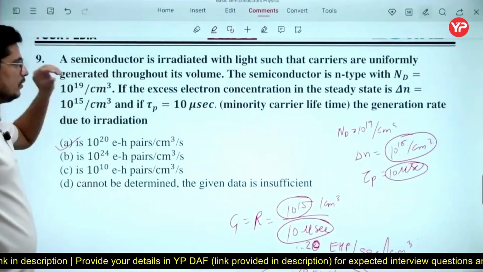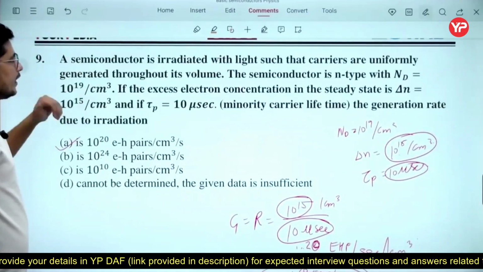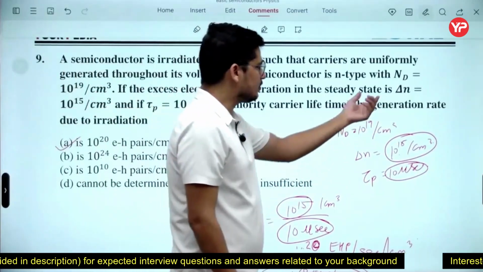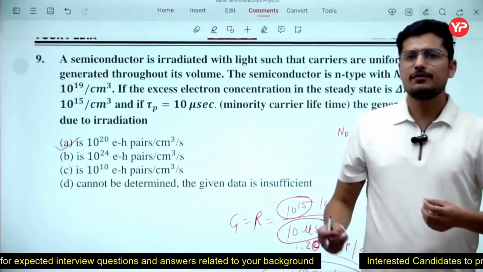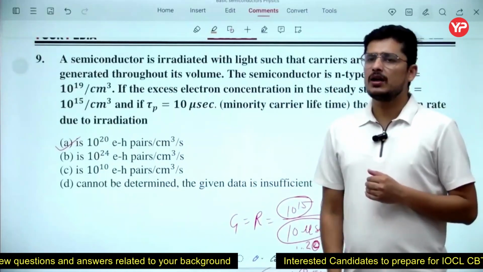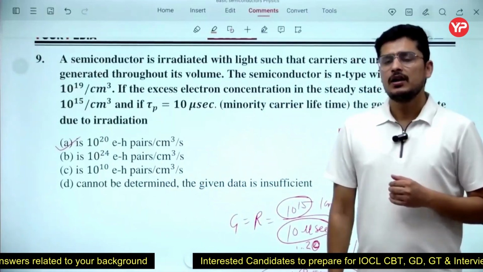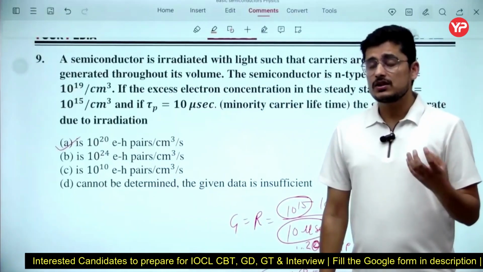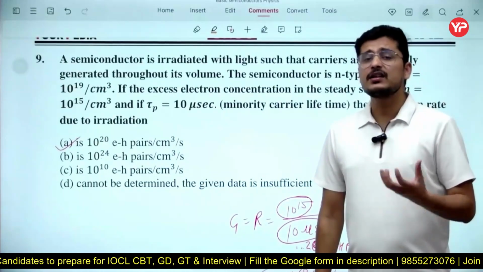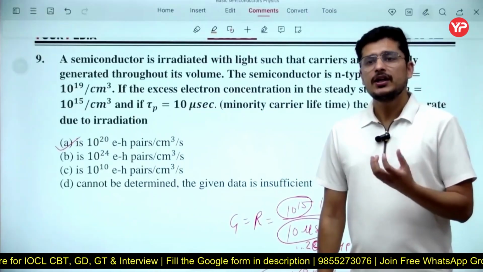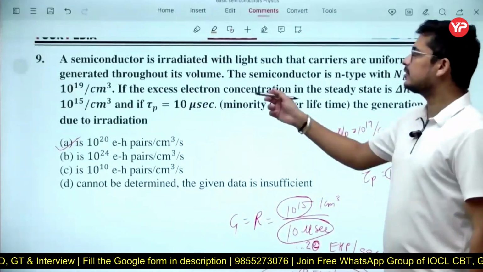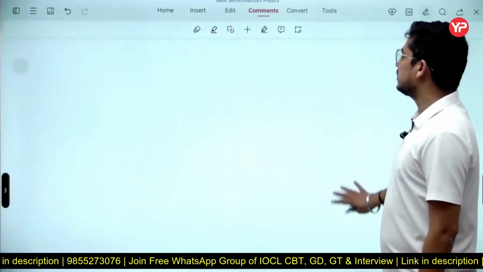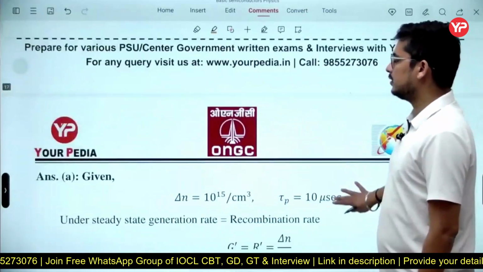If that much amount of excess electrons is available and one electron takes 10 microseconds to recombine, then the electrons generated per second will be 10 raised to power 20. Then only these 10 raised to power 15 electrons can survive, if the generation rate is 10 raised to power 20.